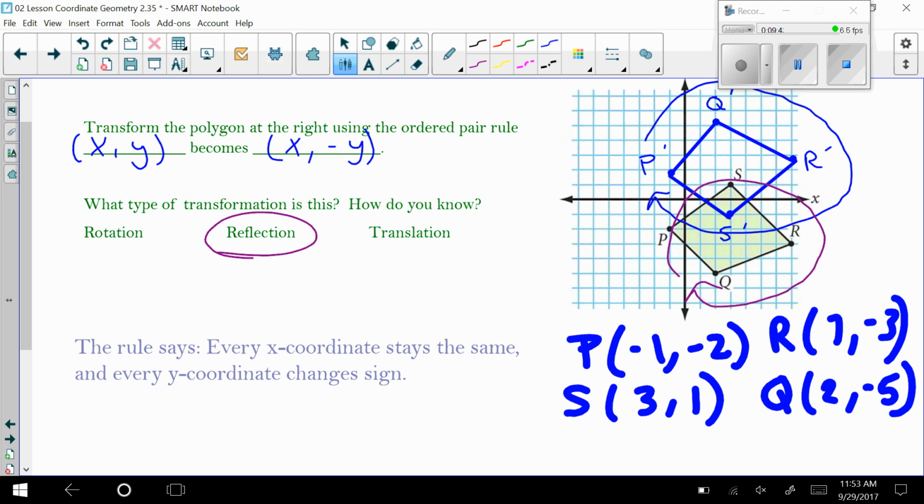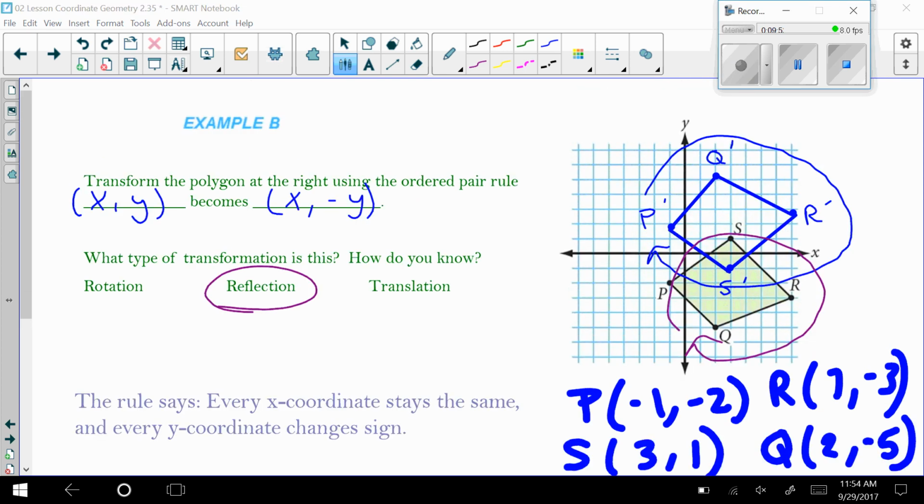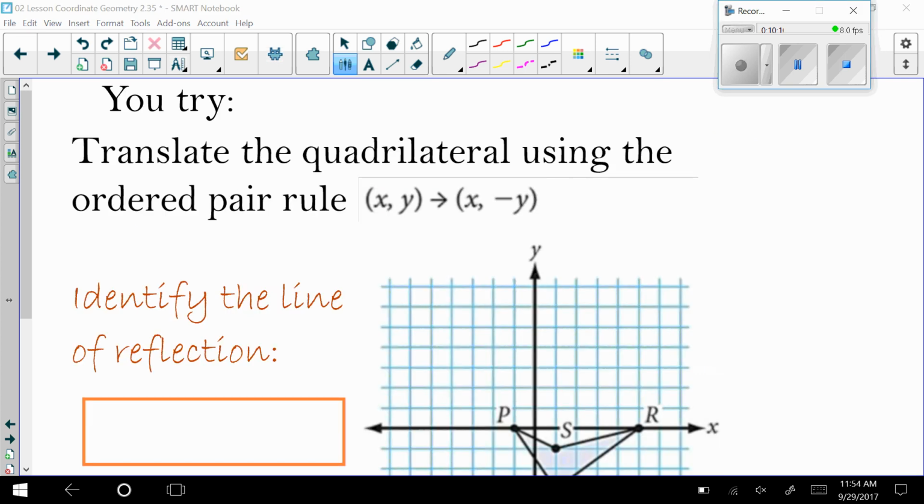The size is the same, the shape is the same, but the orientation is different, so it's a reflection. Specifically, this is a reflection over the x-axis. When we name reflections, we also want to name the line of reflection. In this case, the x-axis is our line of reflection. That is the line where the points are being reflected over.